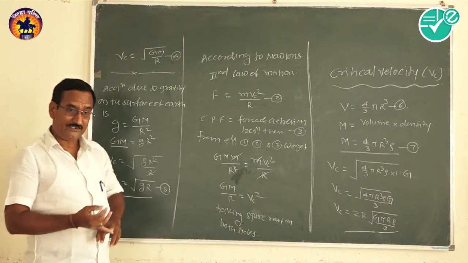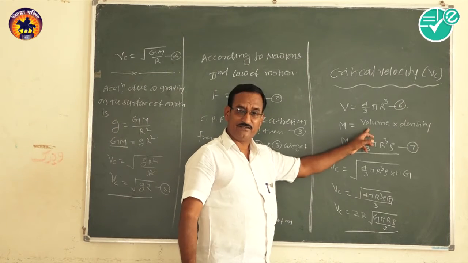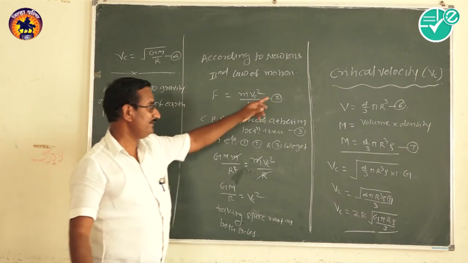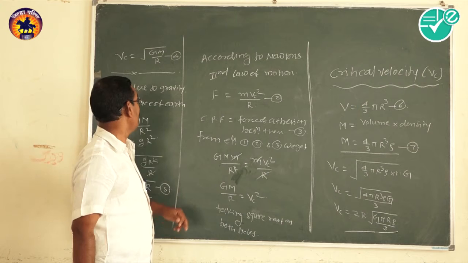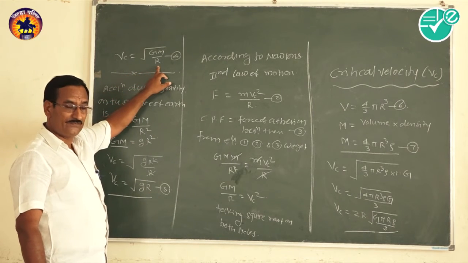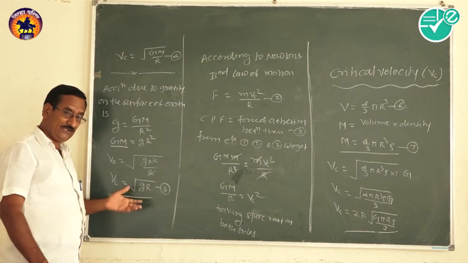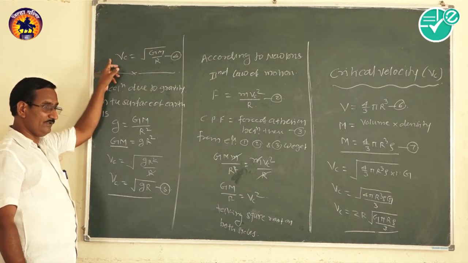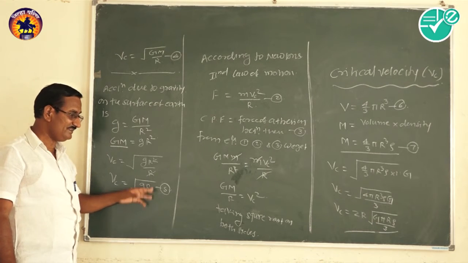That is the critical velocity of any satellite very close to the surface of Earth. The critical velocity on the surface of Earth is Vc equal to under root GM by r. In terms of gravity, Vc is equal to under root gr.